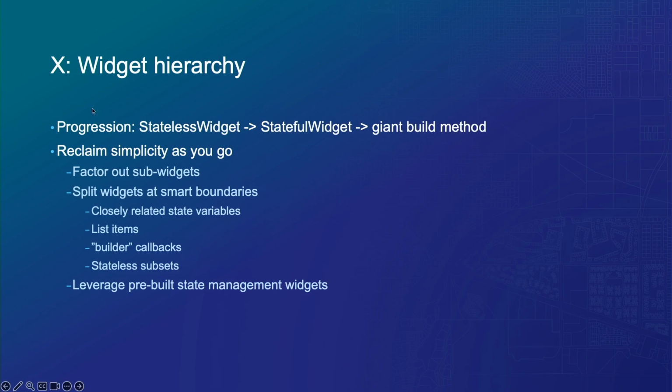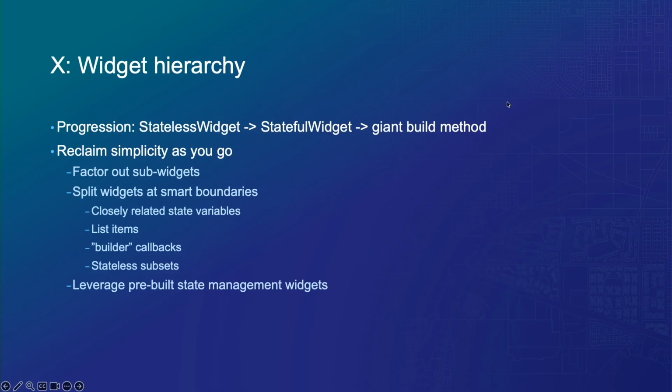And so what happens is maybe things start out okay with a simple stateless widget. Then you find you need to keep information in some state variables, and you refactor it into a stateful widget. And then you add rows and columns and stacks and padding widgets and all the other necessary things. And that's when you end up with a gigantic build method.